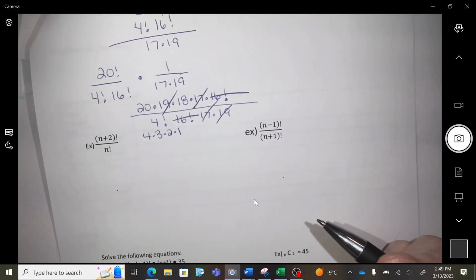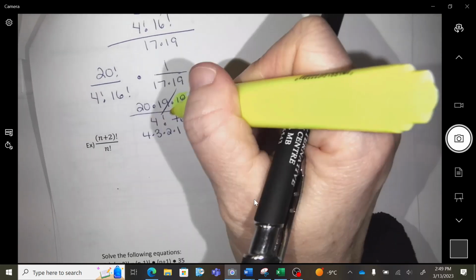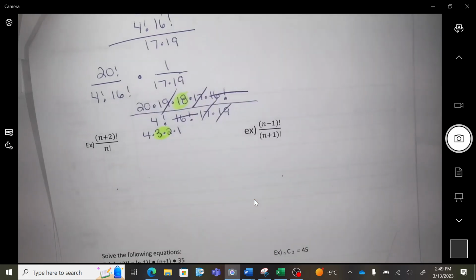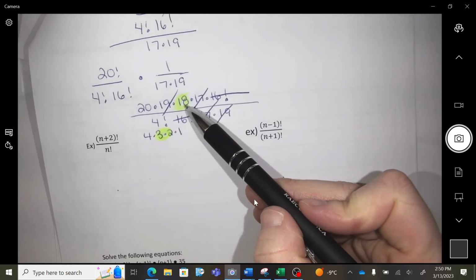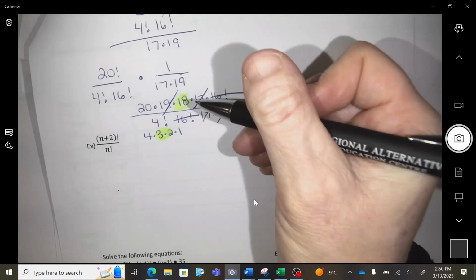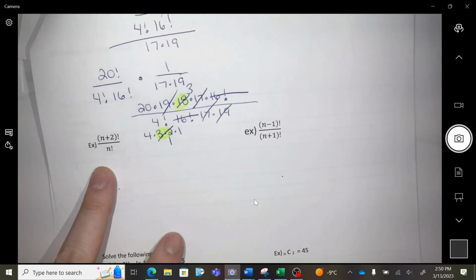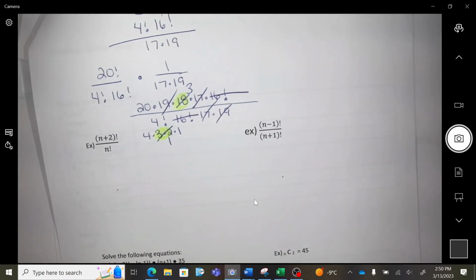Okay. Are you okay if I do some work here? So this 18 and that, I'm going to cross out and do what? This is 18 and this is 6. So if I cross them out, they would turn into a 3 and a 1, right? 18 divided by 6 is 3 and 1.